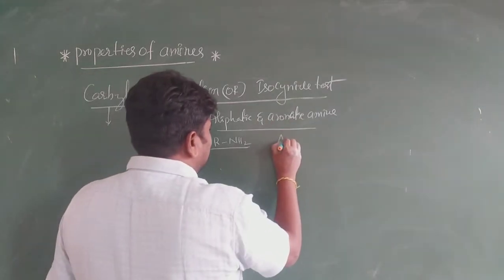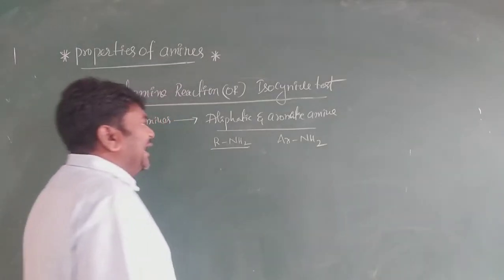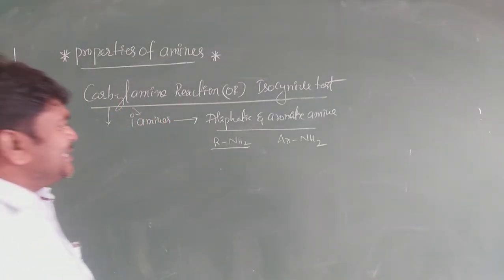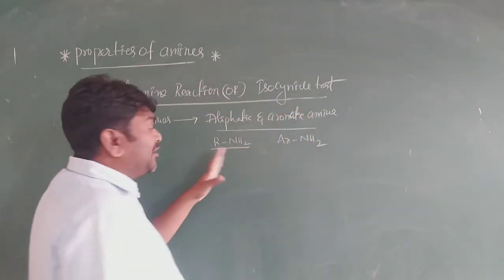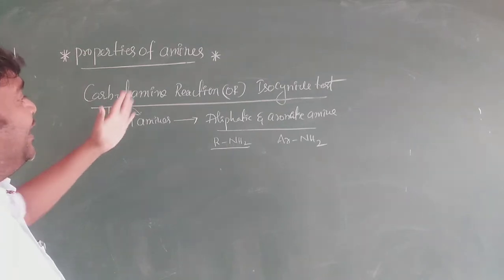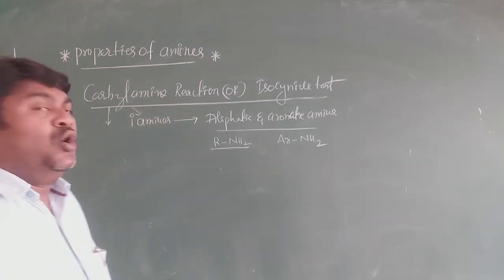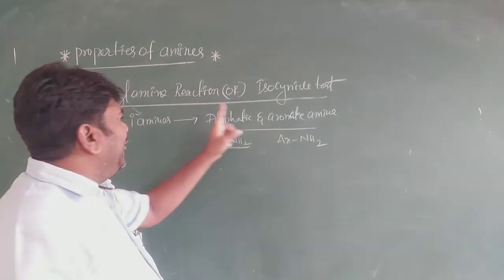Aromatic amines means Ar NH2. Both are primary amines. The carbylamine test or isocyanide test is given by only primary amines, that is, aromatic and aliphatic amines.